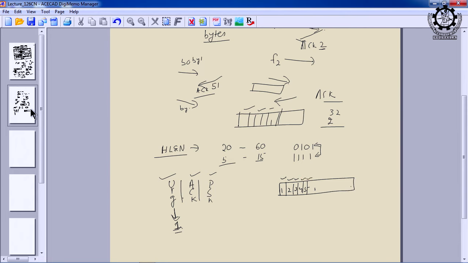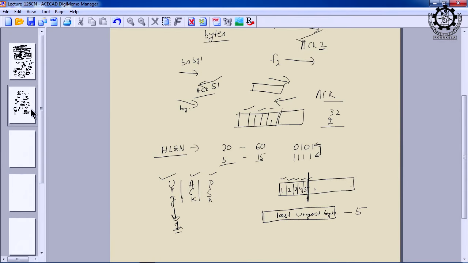The urgent pointer field in the header will say the number of the last urgent byte. In this case the last byte is number 5. That means up to 5 are the urgent bytes to be processed immediately, at any cost.